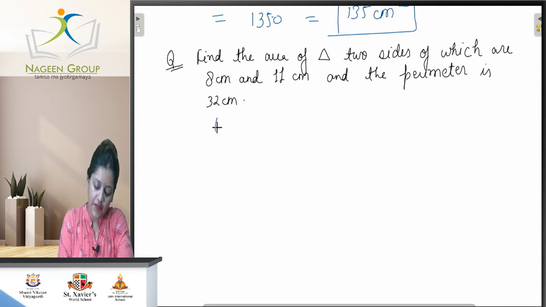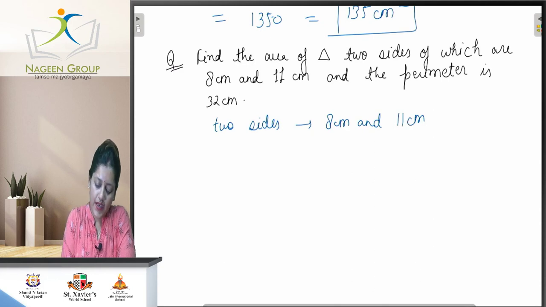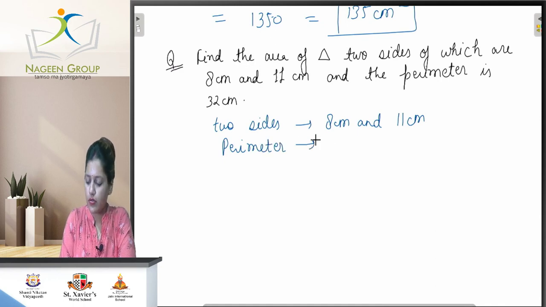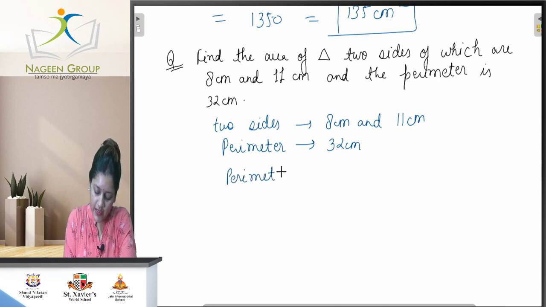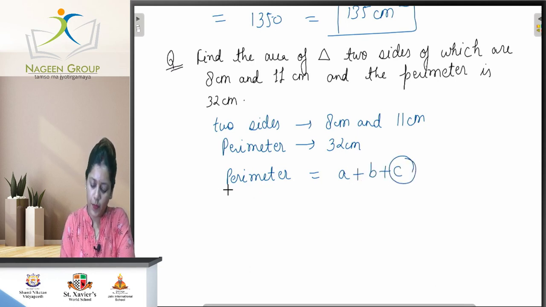Two sides are given, 8 centimeter and 11 centimeter, and the perimeter is also given, 32 centimeter. Perimeter is the sum of all the three sides of a triangle, equals A plus B plus C. You have to find the third side.